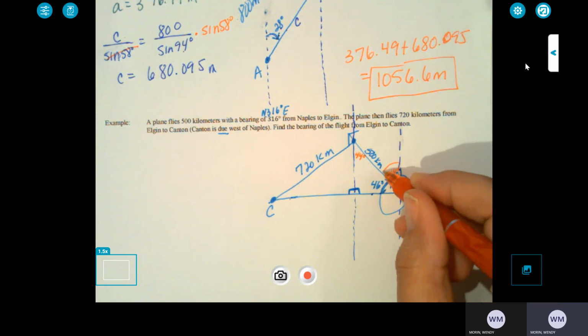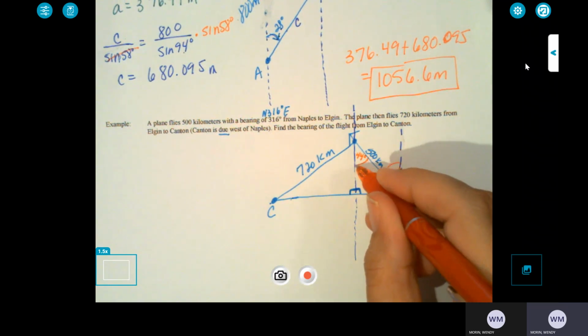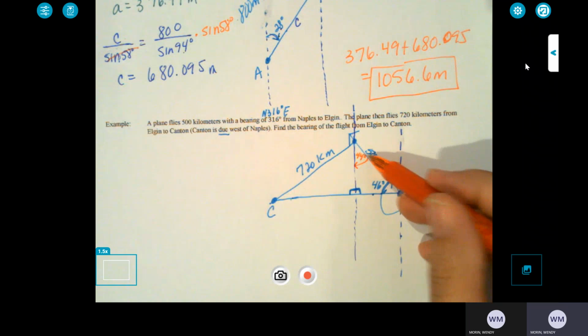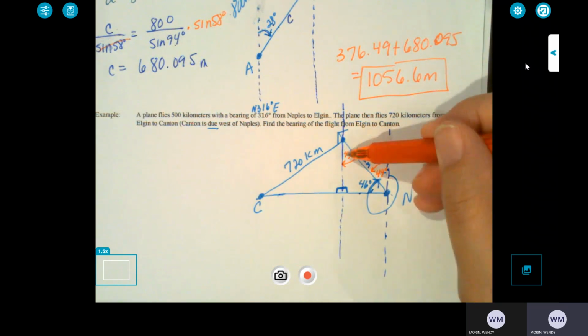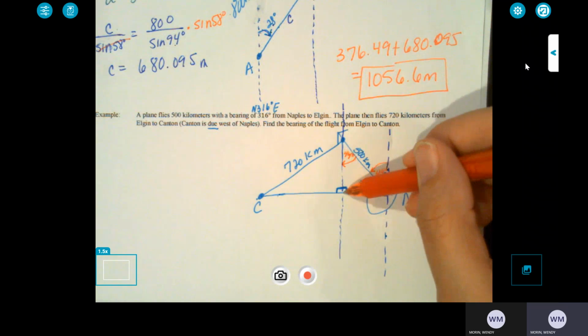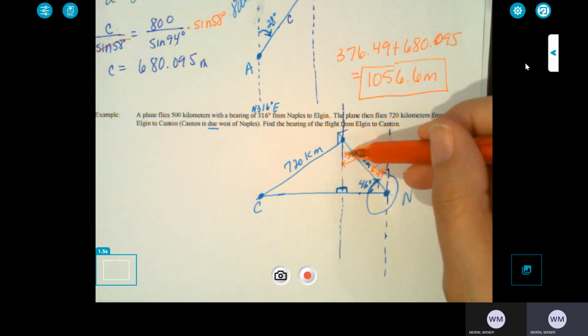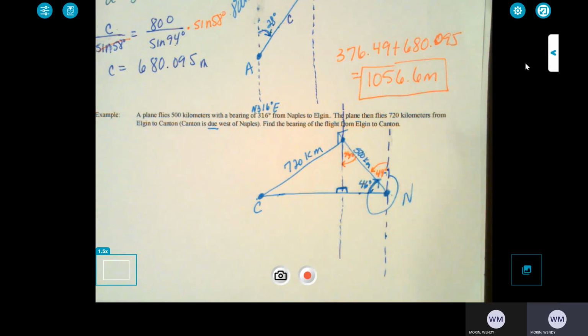Again, parallel line to transversal, transversal to parallel line. Those are called alternate interior. I also know that this is 44 because, see this little right triangle in here? 90, and these have to total 90. So I also know that. All right.